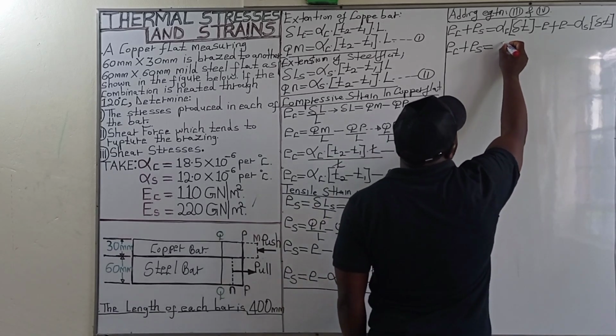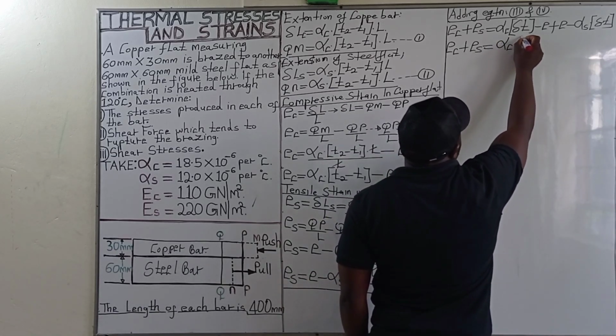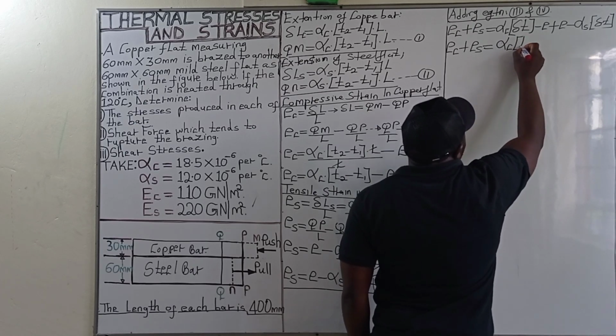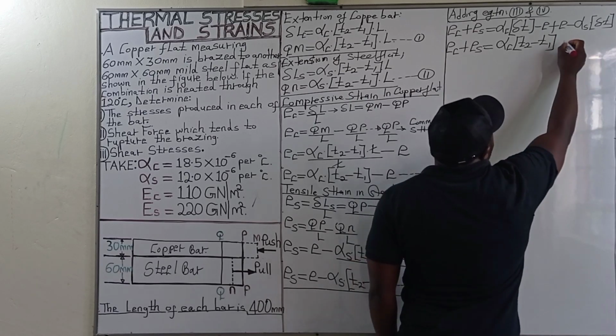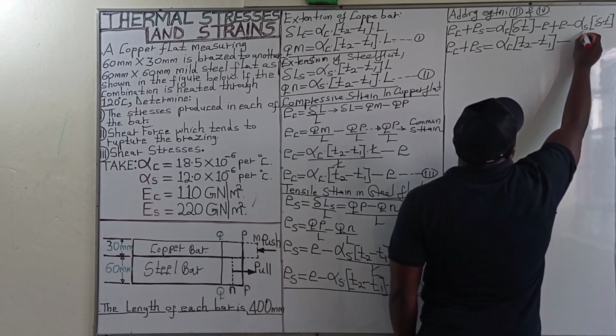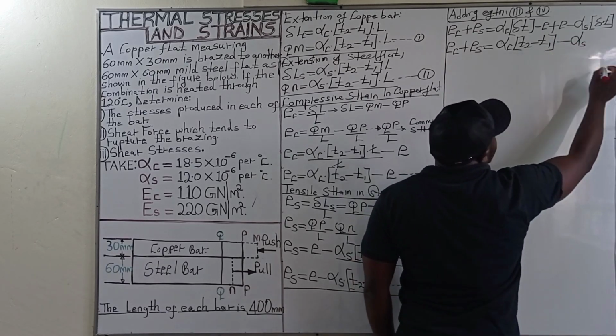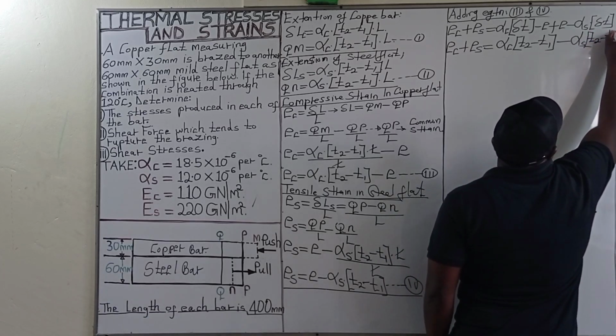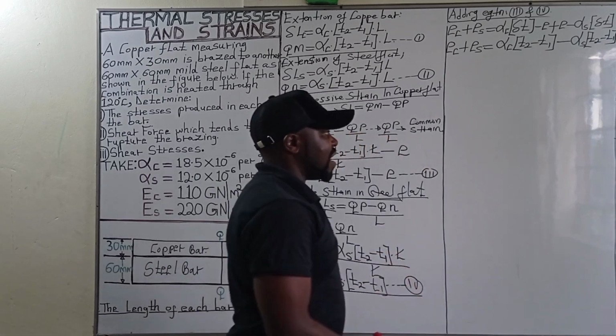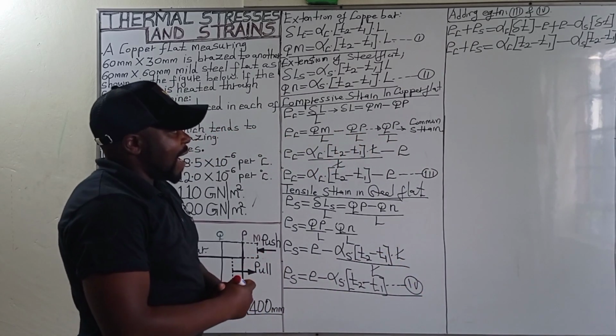So we are going to have the coefficient of linear expansion of copper into T2 minus T1 minus coefficient of linear expansion of steel into T2 minus T1. So that is what we are going to have.